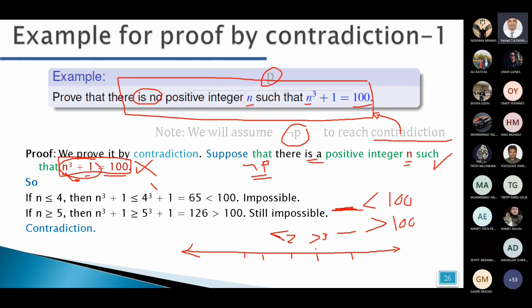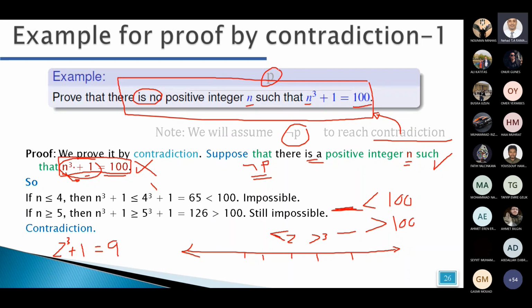Which number could help us? We will take two numbers in sequence, 2 and 3, 3 and 4, 4 and 5, to find the correct interval. If you try, for example, 2 and 3, if you apply 2 here, you will get 2 to the power 3 plus 1. It's equal to how much? It's equal to 9.